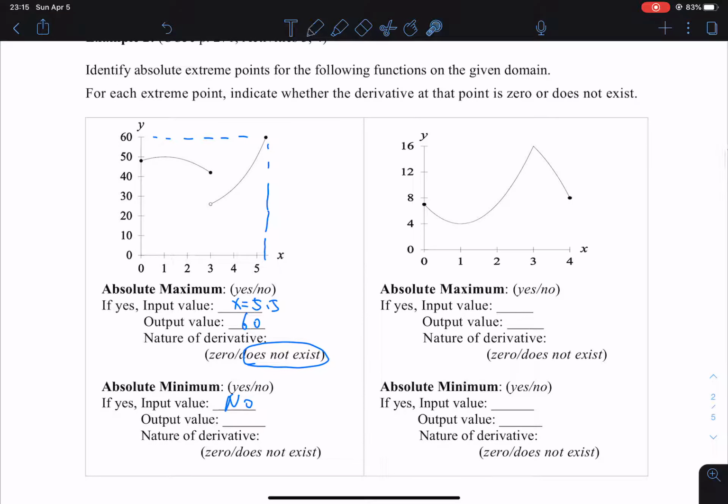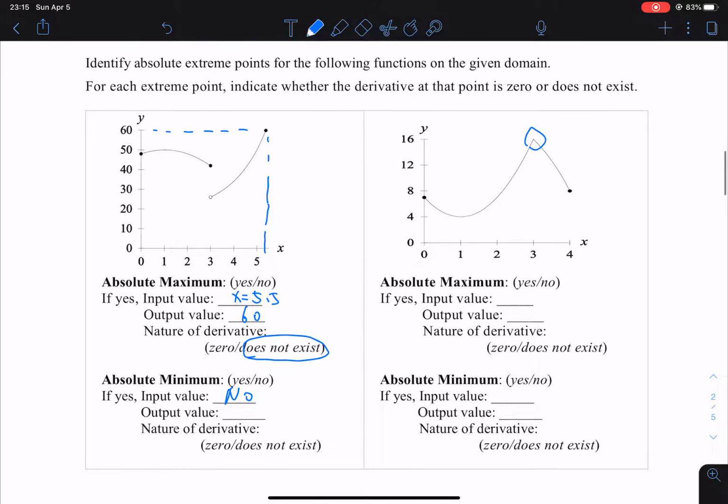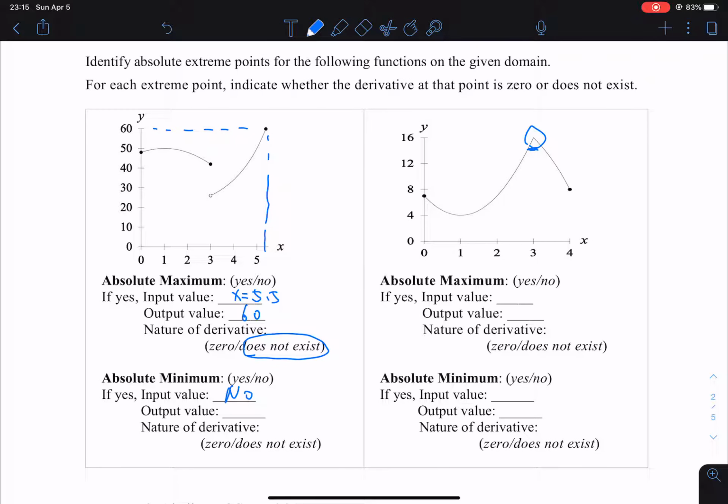Then let's consider the second one. This point we know is a critical point, and this point is a relative maximum point. So since now we have a relative maximum point, then for the absolute maximum point, let's compare this one with the two endpoints.